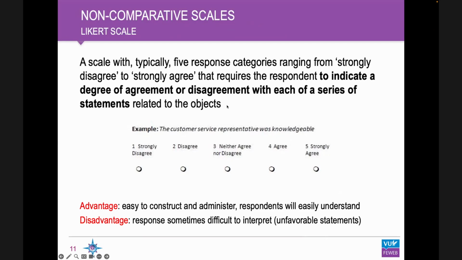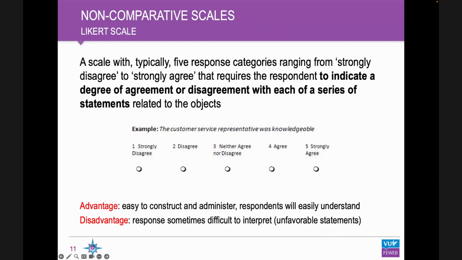So that's why if you want to treat this as Likert, you want to have the neutral statement in the middle, and then you want this scale to be symmetric on each side. So disagree, agree, strongly disagree, strongly agree. Then you can talk about equal distances between these numbers. And I hope that's clear now.